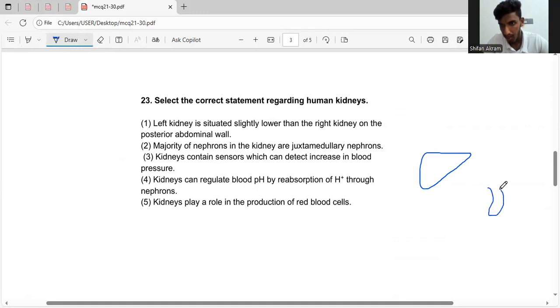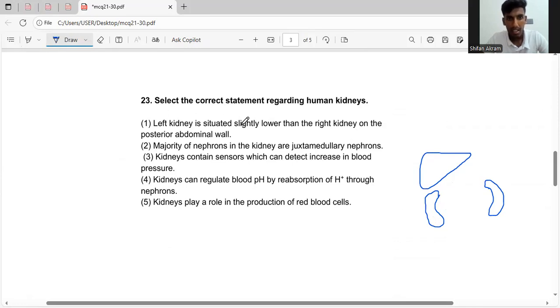I don't know whether it will look like a bean shape. Okay. So this is the left kidney. But due to the position of the liver, the right kidney is slightly below the left kidney. Because the liver takes a bit of space, not much. So one kidney is slightly lower, and that is the right kidney.